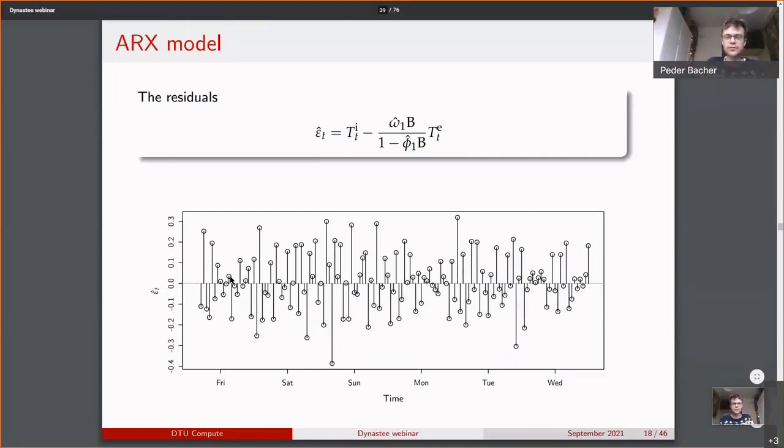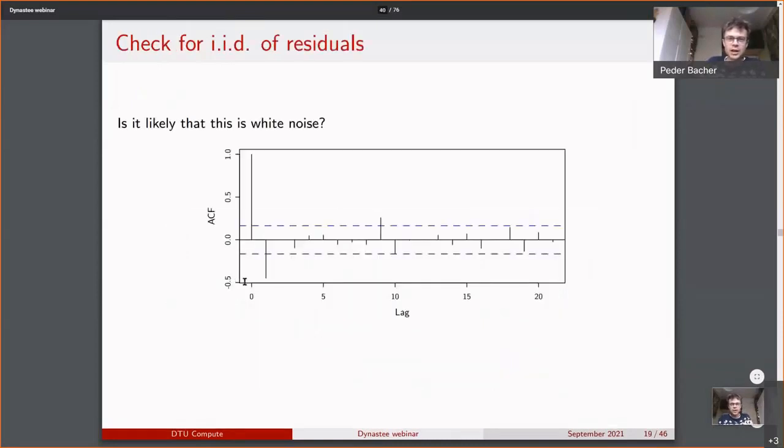Let's use the autocorrelation function to check. They look like white noise. There is something here, because this bar here is sticking out a little bit too much of this confidence interval. And actually in this somewhat artificial setting, what happens is that we miss the MA part of the model.